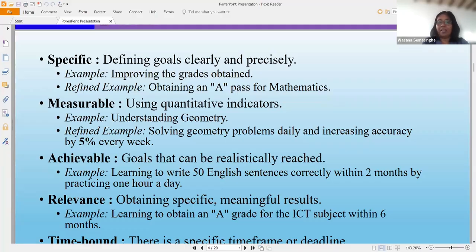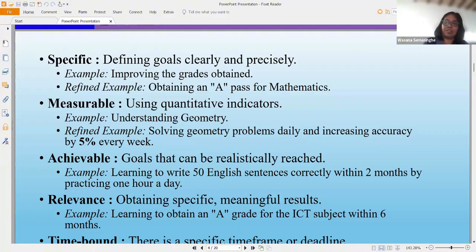It's very possible, achievable. Okay? You don't say learning all the English words, all the prepositions. We can't achieve it. Okay? So if we have a number and if we have a time frame, that hints to us that it can be achieved.